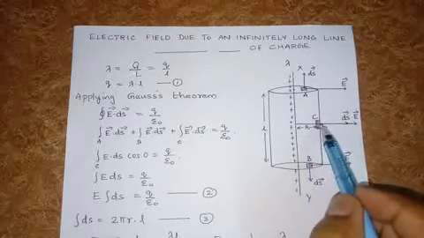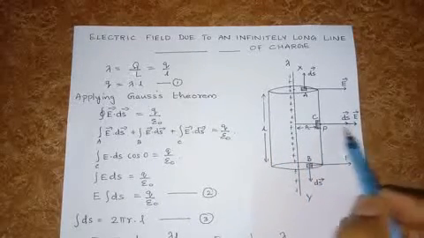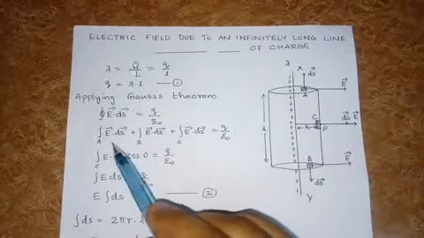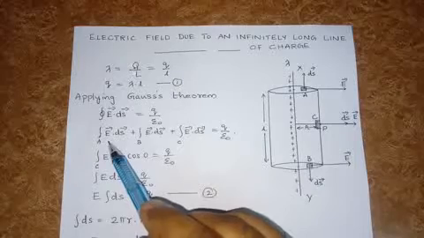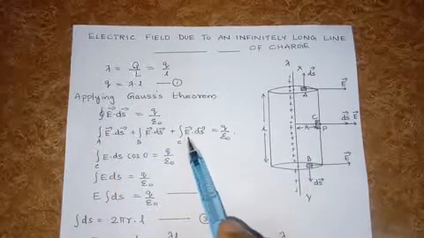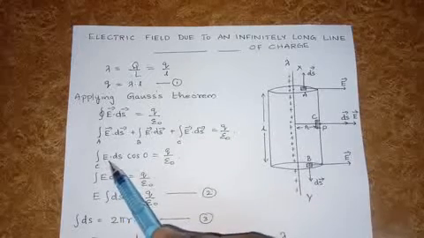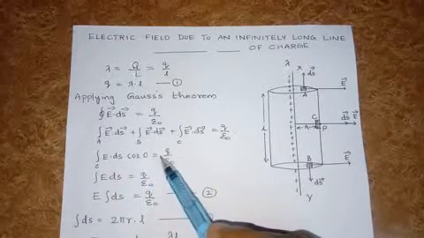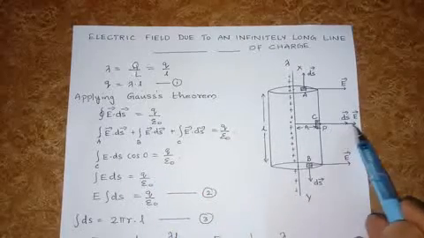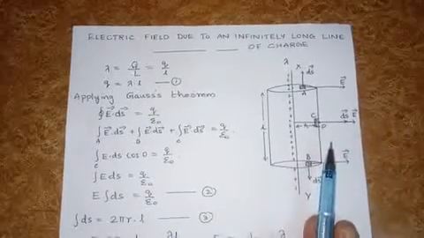On the curved surface you can see E and ds are parallel to each other, therefore theta is equal to 0. Since there is no flux contribution from end surfaces A and B, only this remains: integral over C of E ds cos 0 is equal to Q by epsilon 0. Why cos 0? There is no angle between electric field and area vector here.